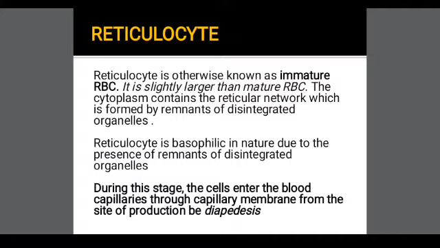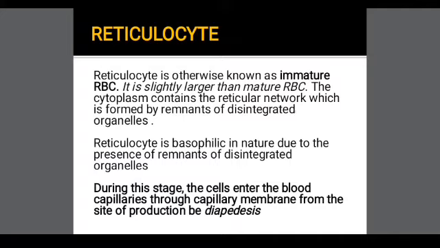Because of these disintegrated organelles, it forms a reticular network around the cell. That's why it gets its name, the reticulocyte. That's the major characteristic of this cell. The reticulocyte is basophilic in nature due to the presence of remnants of disintegrated organelles. During this stage, there is something special that happens.